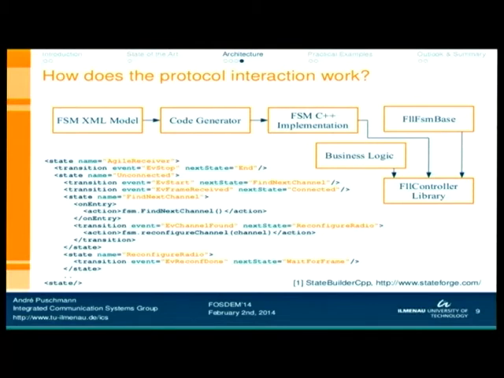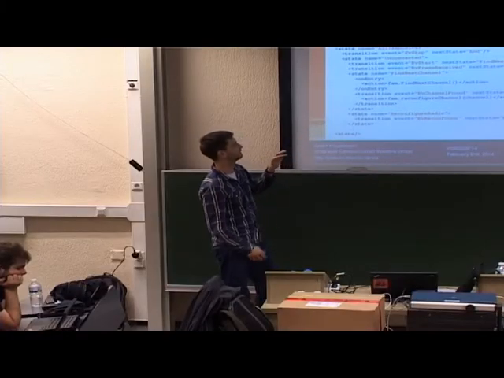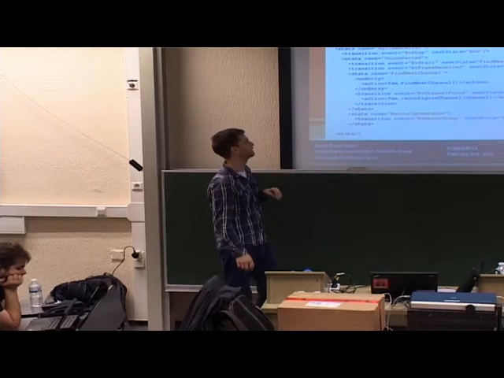separate from the actual Iris configuration that Paul mentioned, where the radio blocks are configured. So you basically define your state machine and the actions that are taken on the events in an XML file, and then you run it in the build process. There's a code generator that creates a C++ implementation of this, and then you add some business logic to it, which is basically the application-specific glue code that you need.